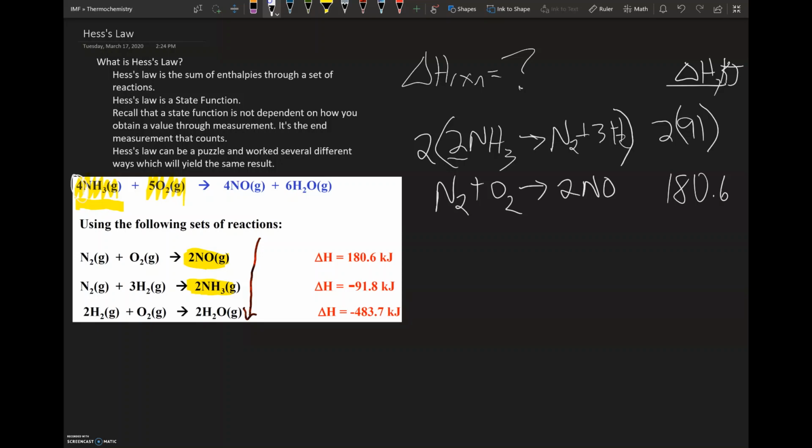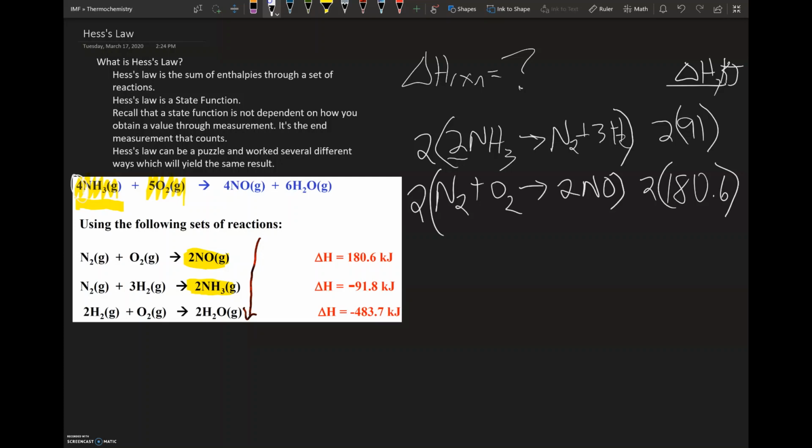Now I want to look at the balanced equation. There are 4 NOs, but in the step there's only 2, so we're going to do the same thing we did in the first step, and multiply by 2, and do the same thing for delta H.